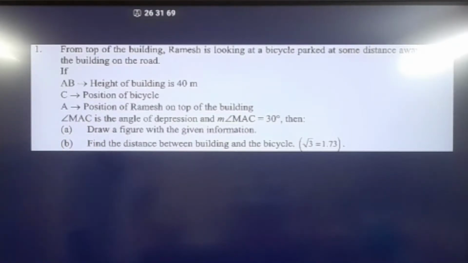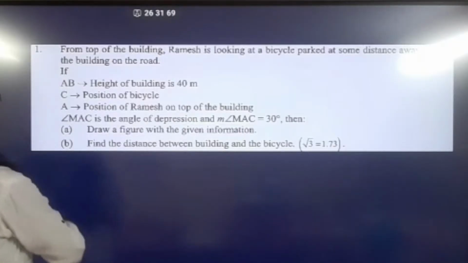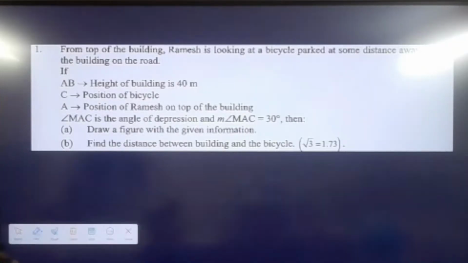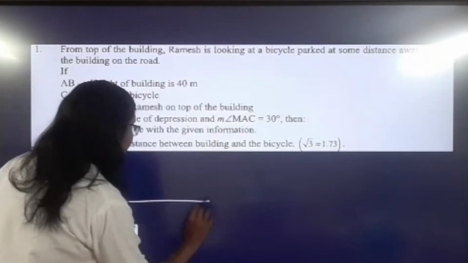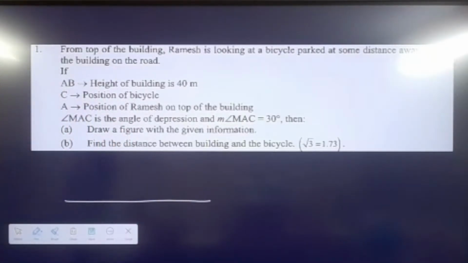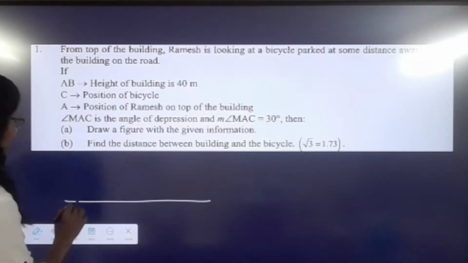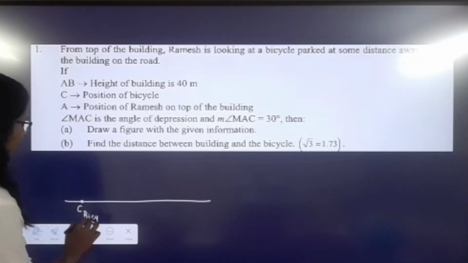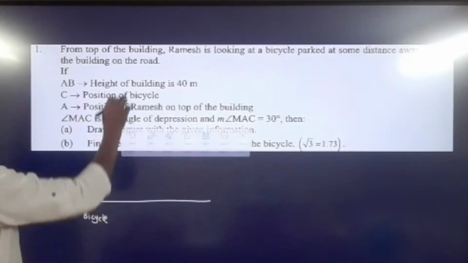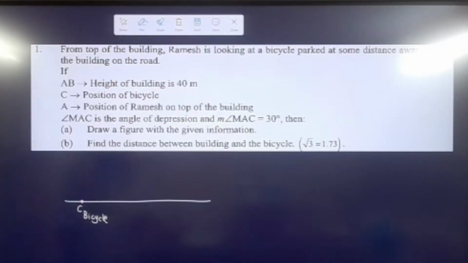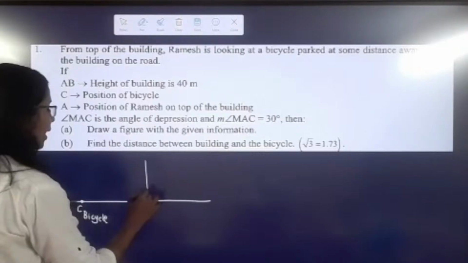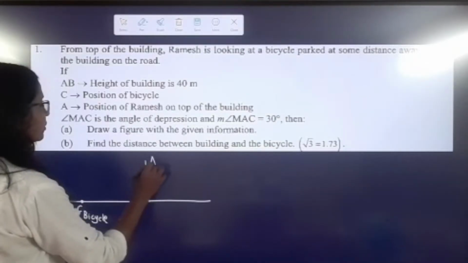First I draw the ground level, then there is a bicycle, that bicycle C here. Then here height of the building, position of the bicycle. A is the position of Ramesh on the top of the building. So here height of the building, AB.